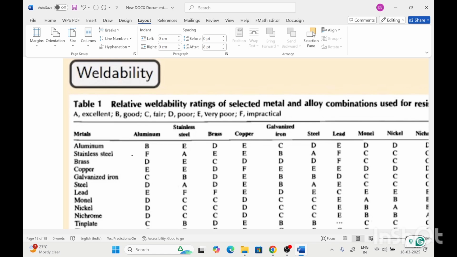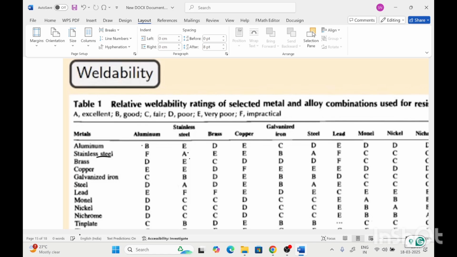For aluminum, spot welding is good, but aluminum and steel cannot be welded by resistance spot welding. Similarly for other metals; steel can be welded very easily.